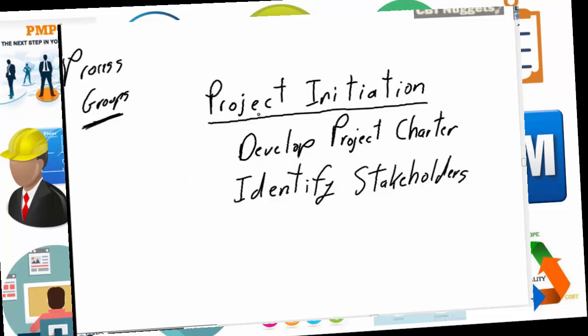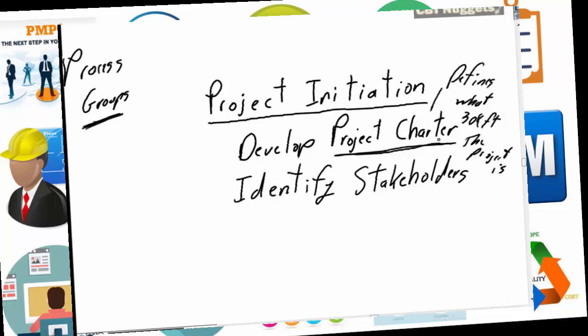The key aspect of project initiation is the development of or the revalidation of the project charter. The project charter defines at a high level, 30,000 foot level, what the project is. Another key aspect in project initiation is the identification of stakeholders.